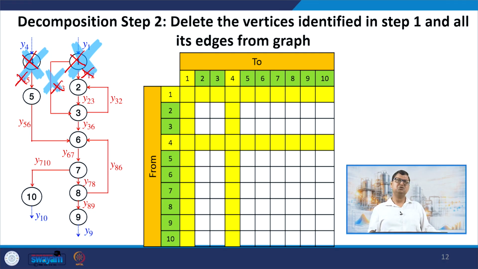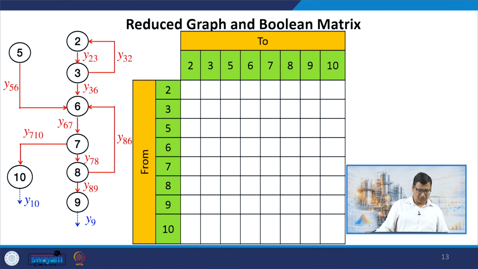What this amounts to is deleting the rows and columns. I am showing in yellow here the rows and columns corresponding to the units, or vertices, 1 and 4 in the flow sheet. I am now left with the vertices 2, 3, 5, 6, 7, 8, 9, 10. If we do that, we have this reduced graph and the corresponding Boolean matrix, which again I can populate.